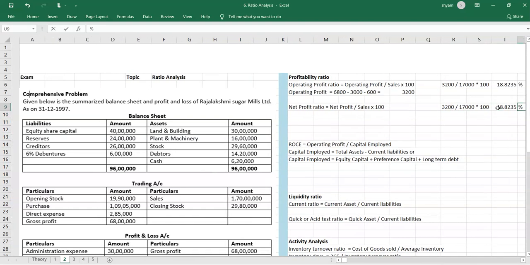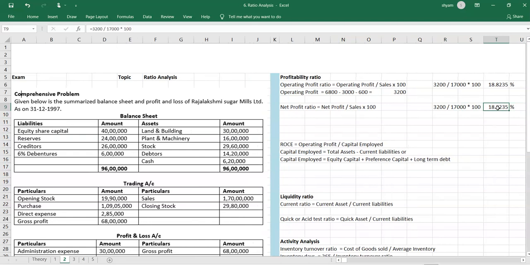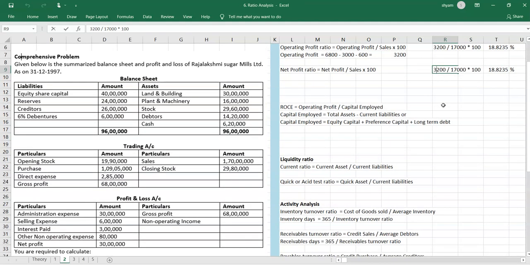So let's, okay, what was the net profit? Net profit is, so we got the answer.